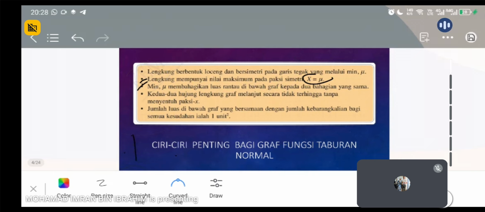If you have a graph like this, up and down, the mean is where it is divided into two parts, distributed evenly. That is another way we can call it.